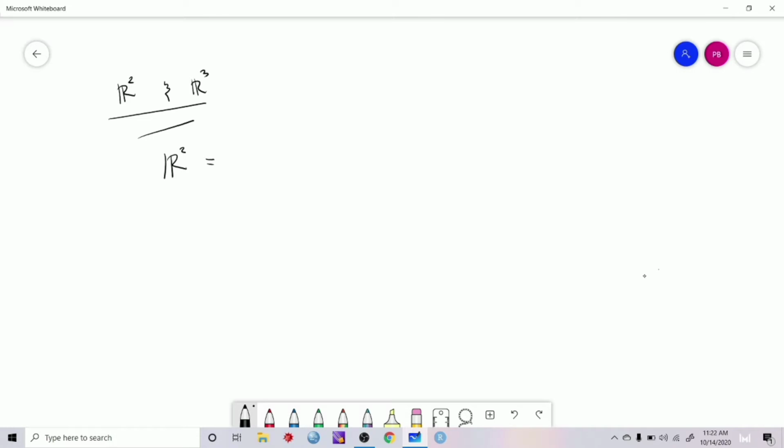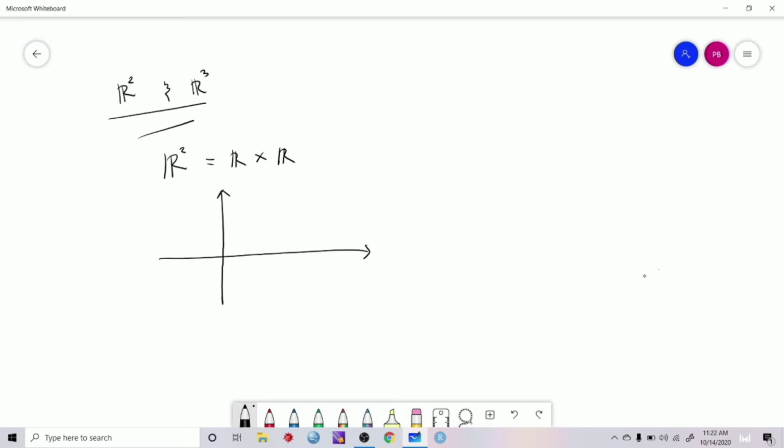R2 can also be written as R cross R, meaning the Cartesian product of R with itself. So the figure of R cross R is like this. You already know that this graph is what we call the Cartesian plane.